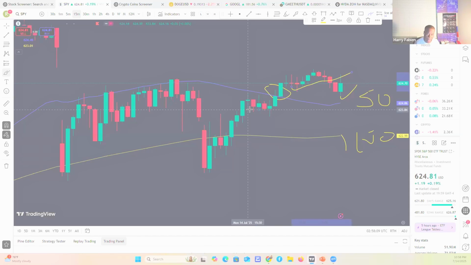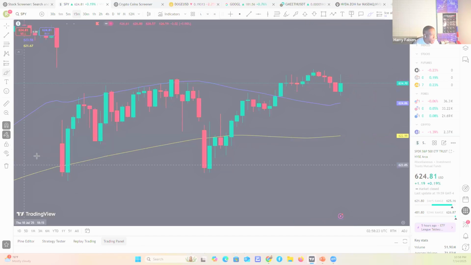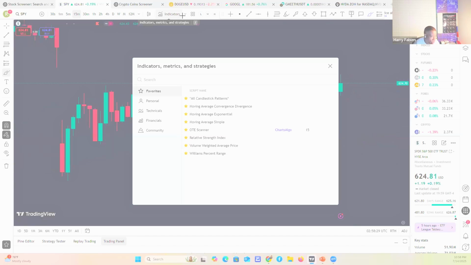And then if you want to add the 150 and 200, for instance, you're gonna replace the 50, because now we have the 50 and the 150. Now we're gonna add the 150 and the 200. So I will remove everything and add them again, just to give you some practice. That's the way you add your moving average. You click there, you add it 2 times, and then you close this one.